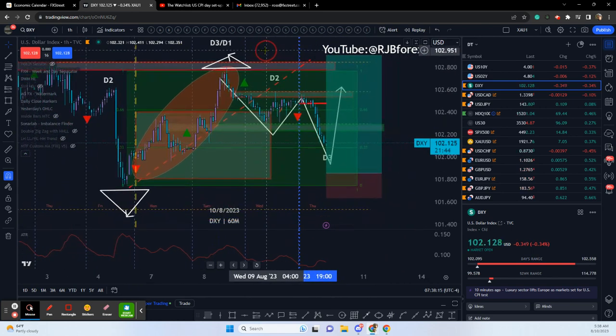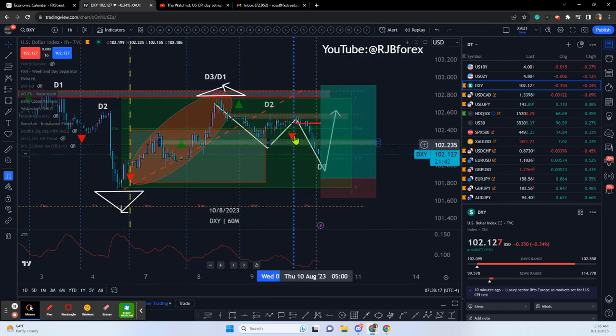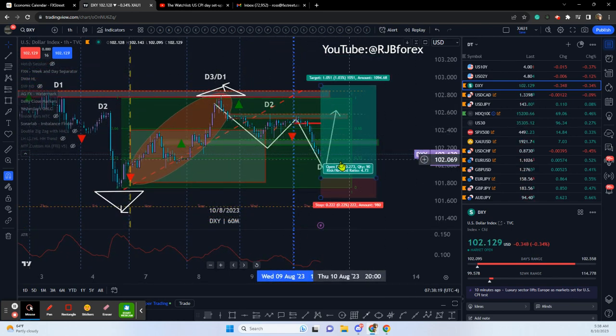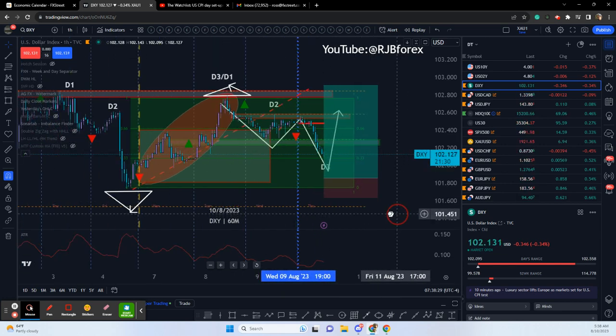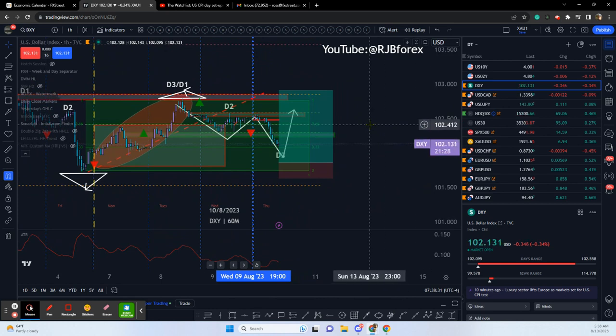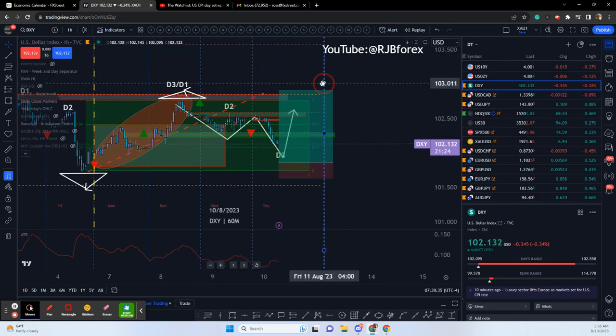And then on the other hand, I mean, it doesn't have to come back into shorts, but that is the thesis. If it doesn't, then that's a day one, day two, a day three extension. And then on Friday, what that will give us on Friday is the prospect of a day one long scenario. Right?